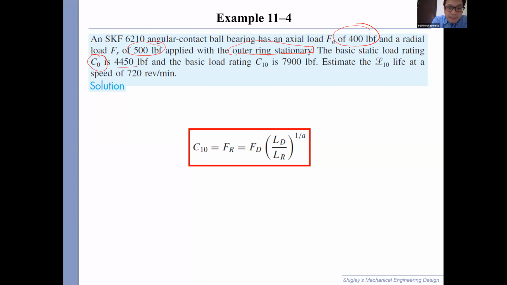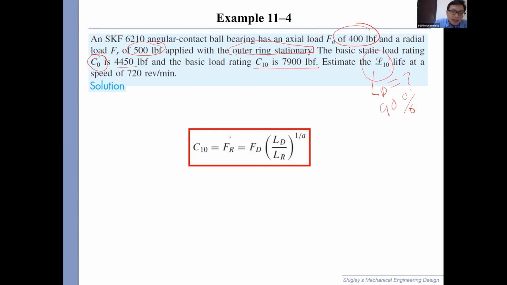C0 is given, C10 is given. We are about to estimate the L10 life at a speed of 720. L10 is simply LD with 10% probability of failure, so the question is really asking for LD, assuming 90% reliability. L10 means 10% failure probability, which means 90% reliability.